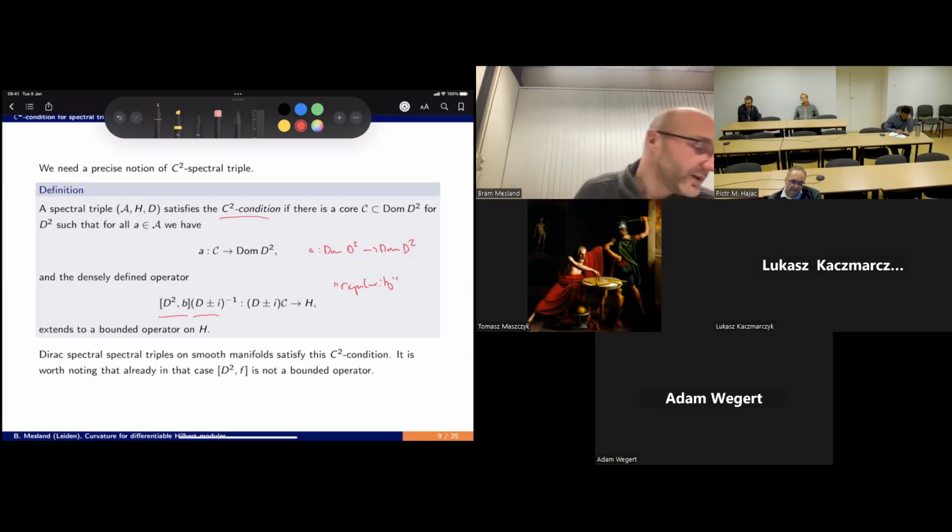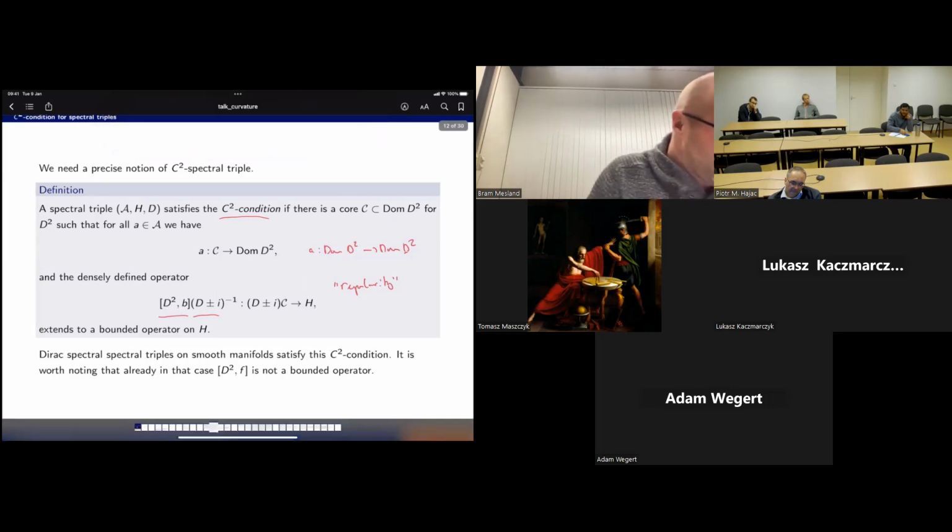So that's the reason for defining this. And on the manifold, this is what happens if you square d and you commute with f, then it turns out that this is bounded. So this is actually a workable axiom.